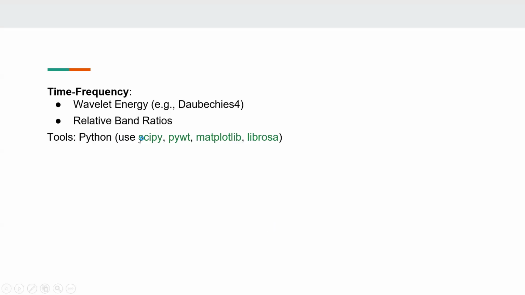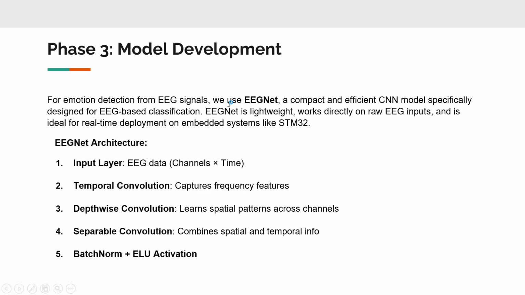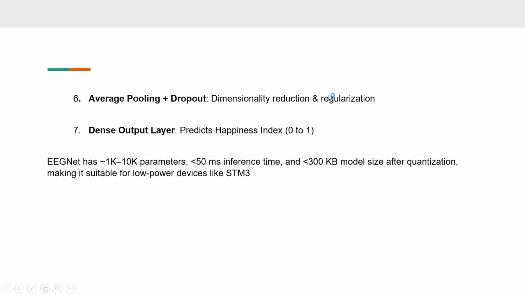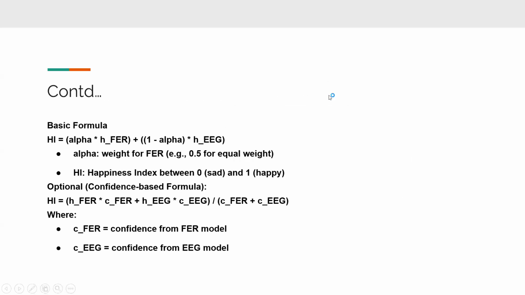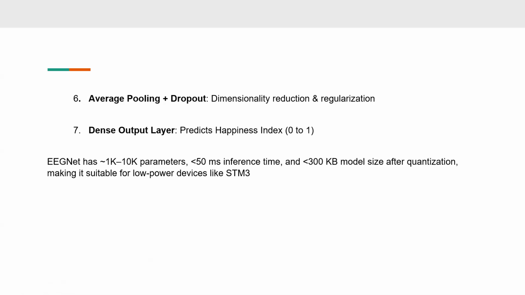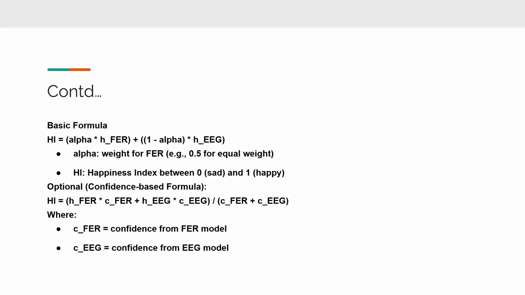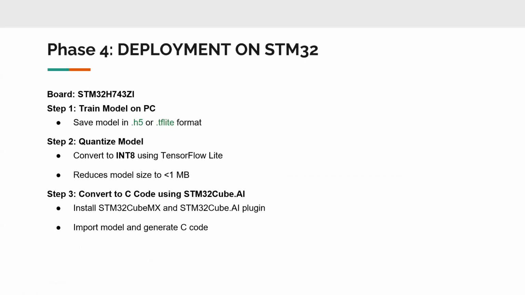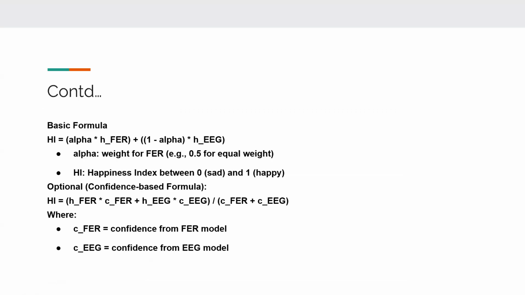They are using Python for model development. After developing the model, they have to deploy it on STM32. Finally, they convert the prediction score into a happiness score, and based on the happiness score they find the happiness index.